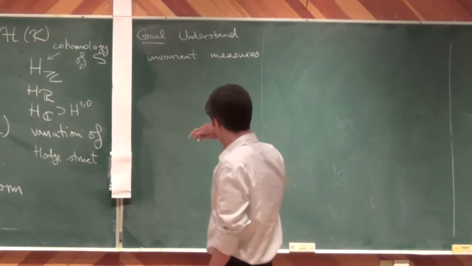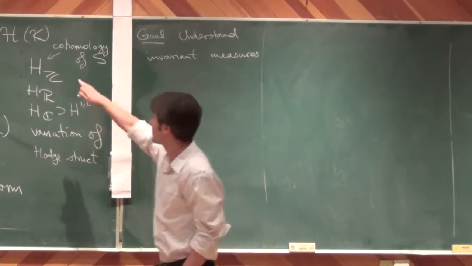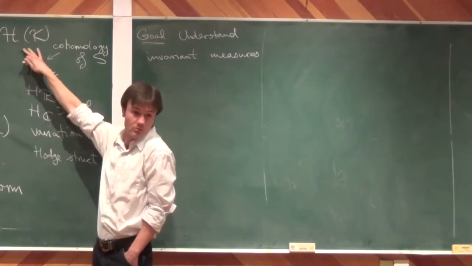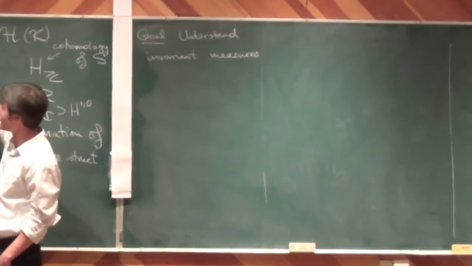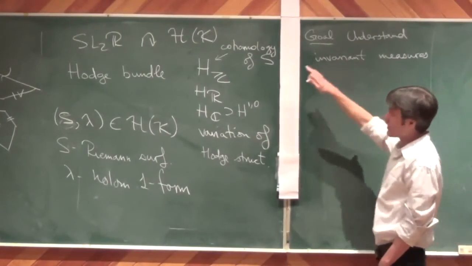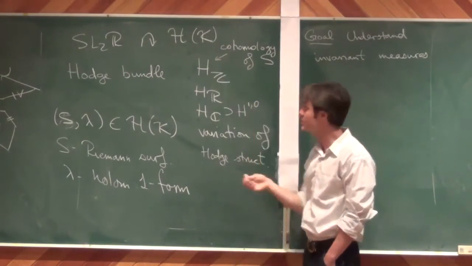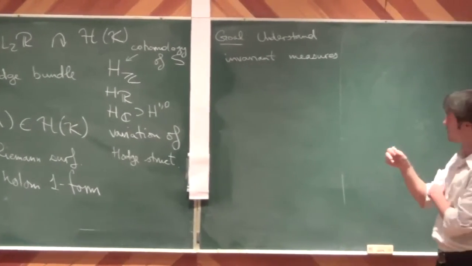Now, to do this, you have to study measures on the strata. So this is some topological space. In fact, it has a lot of nice structure, and you have this action of SL2R on this stratum, and you want to understand what are possible measures which are invariant under this action. So understanding these will tell you in the end things about individual flat surfaces.